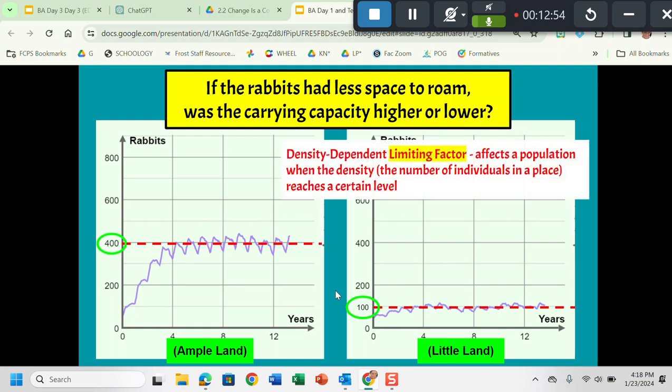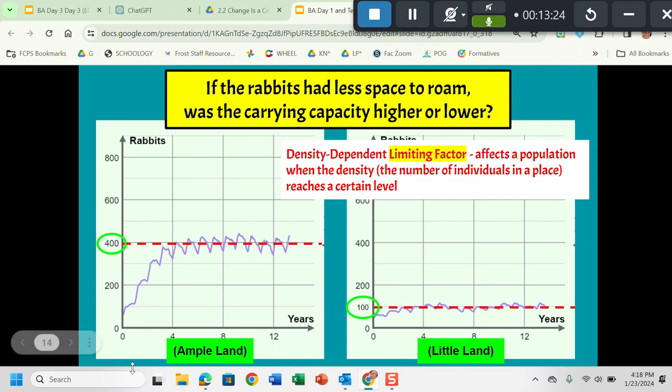Okay, so we can call this a density-dependent limiting factor. So remember, limiting factors are things that affect how many of a particular species, how many organisms we might have of a particular species. So a density-dependent limiting factor affects a population when the density, the number of individuals in that spot, reaches a certain level.